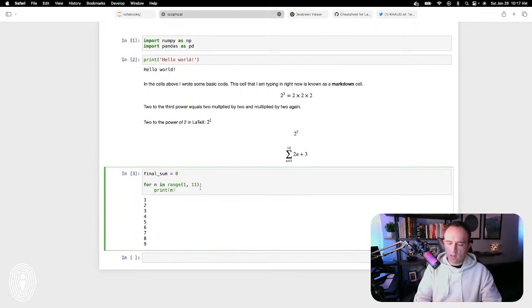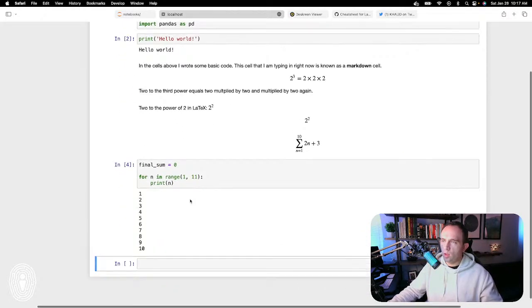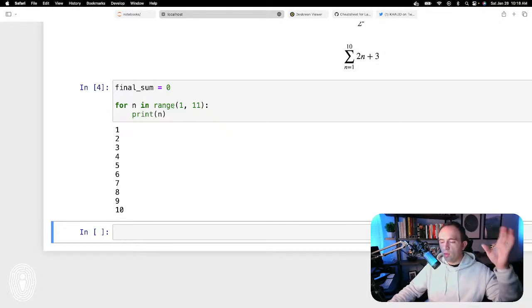So for n in range 1 to 11, and remember, because of how Python indexing works, the reason we have to go to 11 is because it starts at index value 0. So if we want to get 1 to 10, we have to stop at 11. This is saying we want everything from 1 to right before 11 hits.